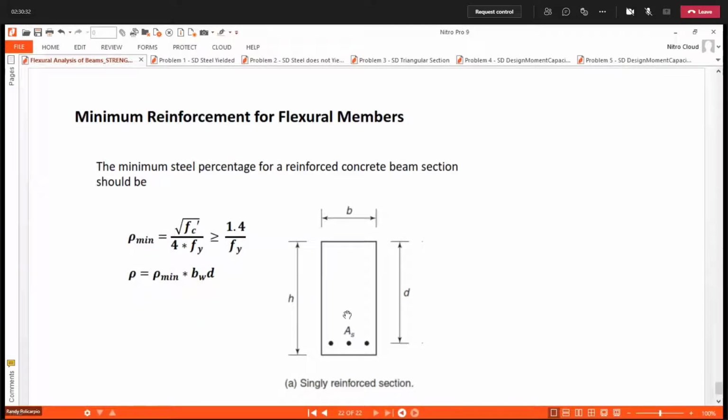Ngayon, pag kukunin mo na yung steel ratio ng beam mo, all you need is multiply raw min by BW times D. BW is the width and D is the effective depth, no? So similarly, ganun din ito kanina.